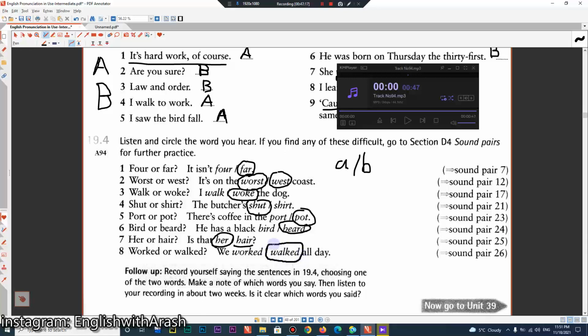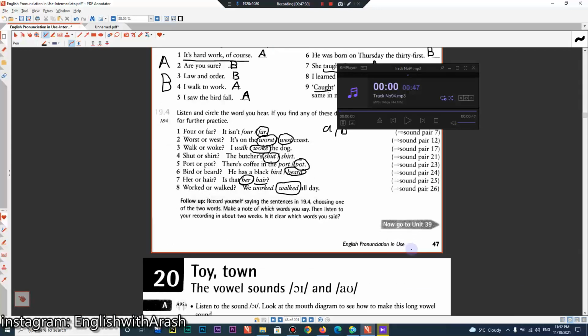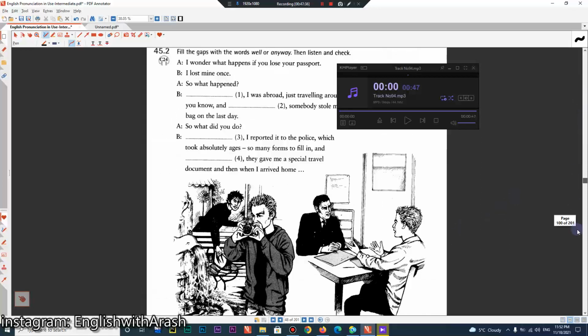Oh my god, if it wasn't British, it would be so easy to distinguish between work and walk. But because it's British, it's hard. So anyway, let's check our answers, because these ones I highly doubt. I need to check them.